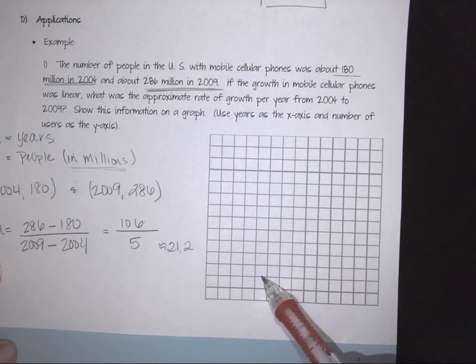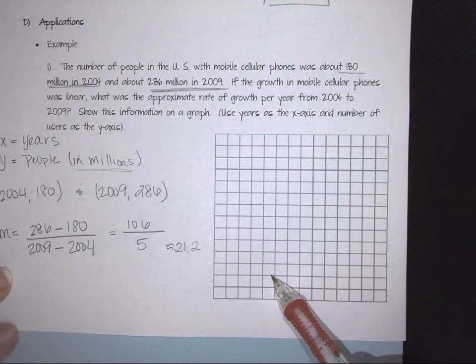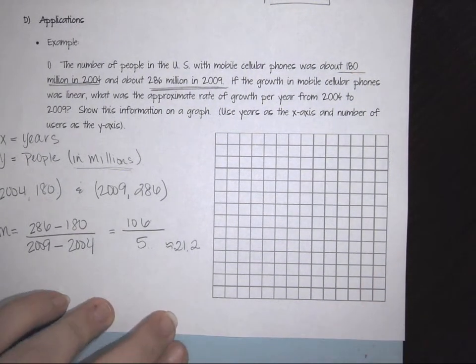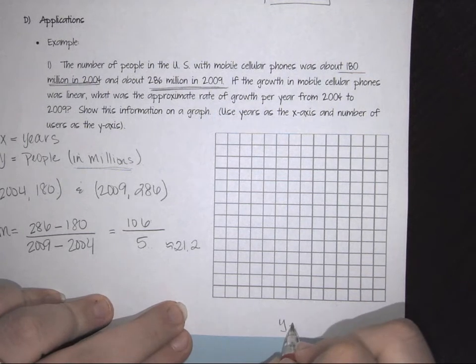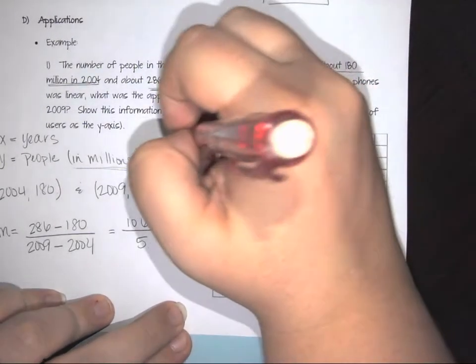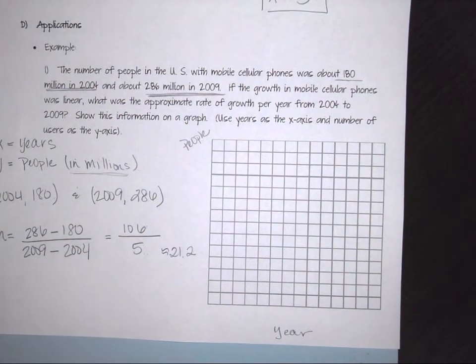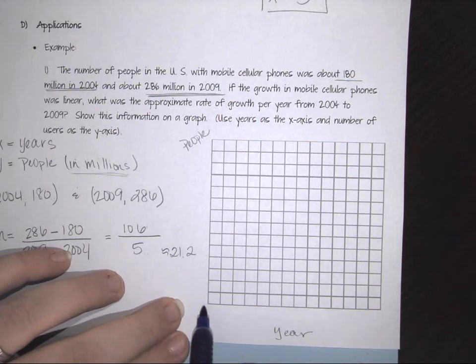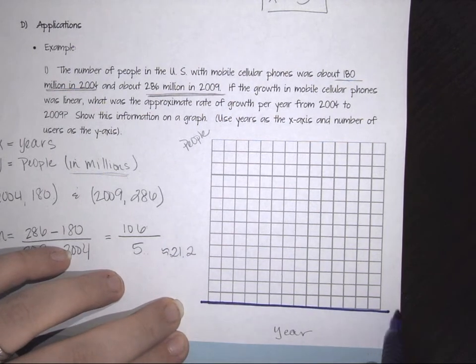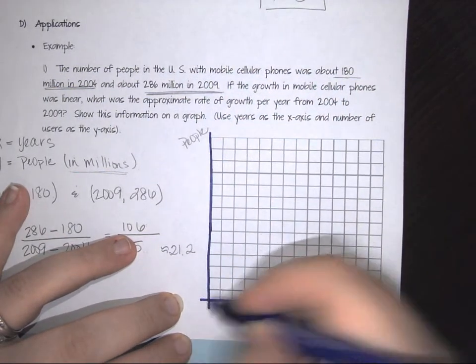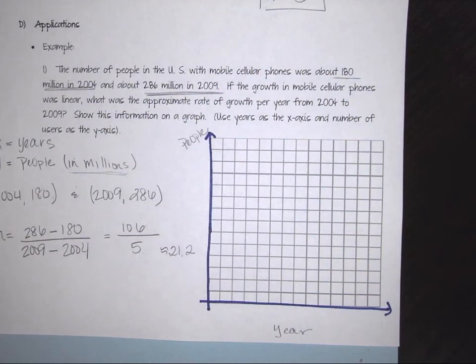And so here, if we want to actually chart it, we're going to have years down on the bottom, and we are going to have people coming up the top. So again, just like before, I would go ahead and use the bottom part and the side part. And then we need to create our scale.